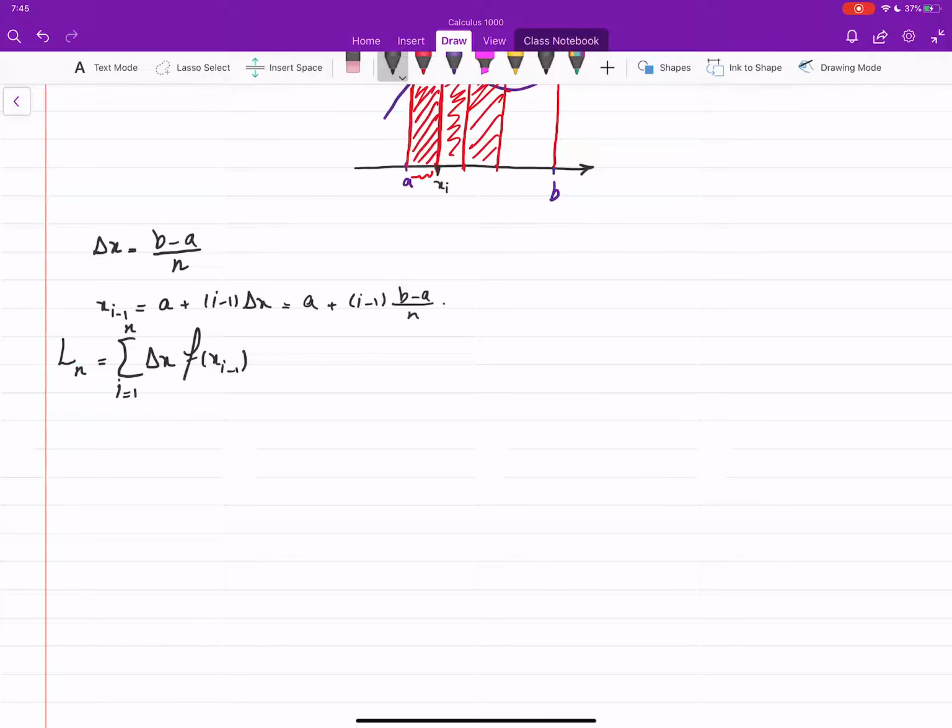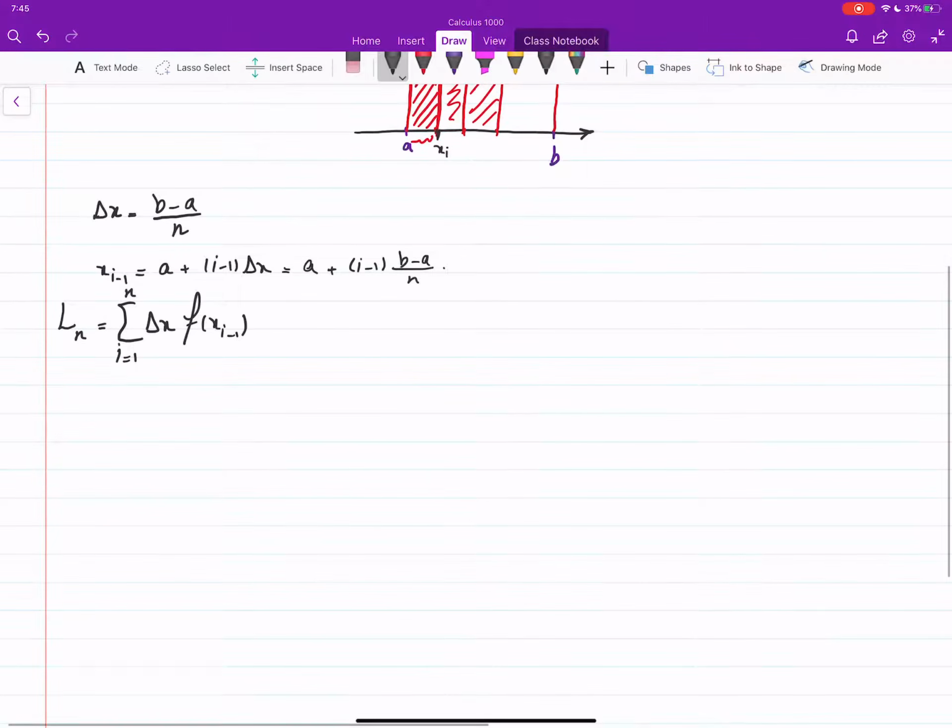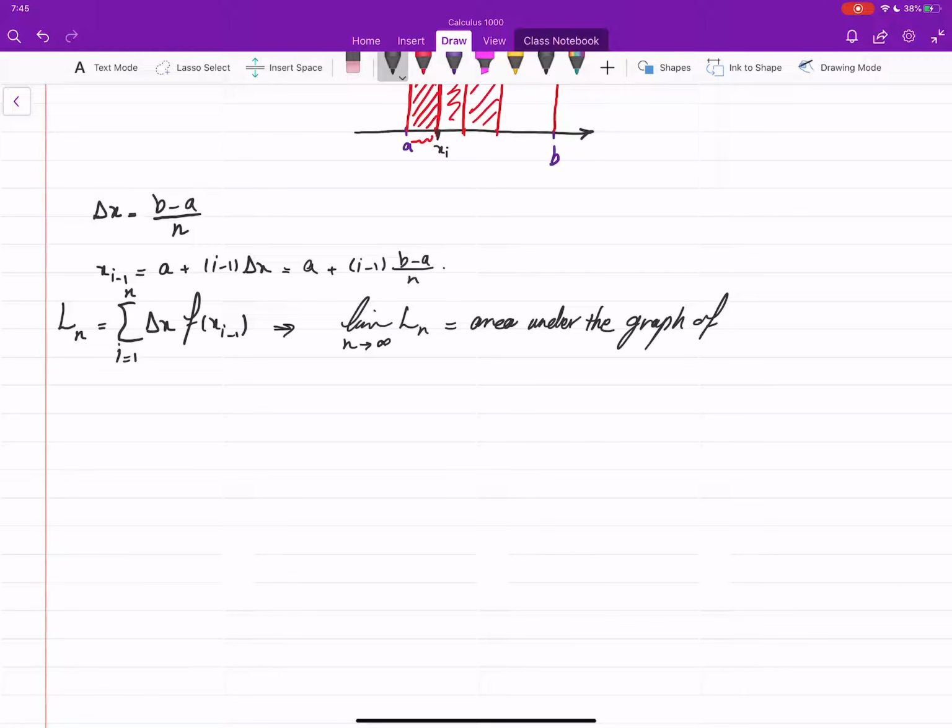Then we find the limit of L_n as n goes to infinity, and since we are making smaller, finer rectangles, we are assuming that this will be the area under the graph of f on the interval AB.